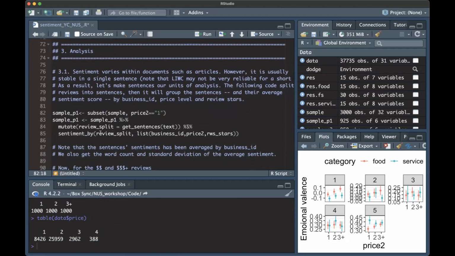And next is the sentence level sentiment analysis. Before we talk about this, which is very simple, a few lines of code, I just want to emphasize that there are many tools that can give you paragraph level or document level sentiment.